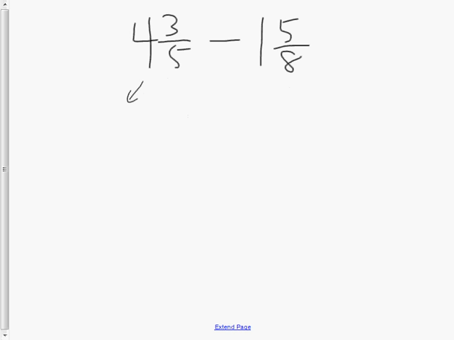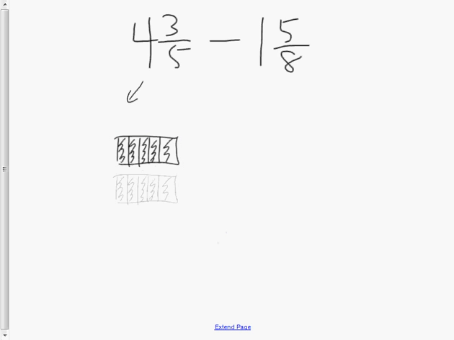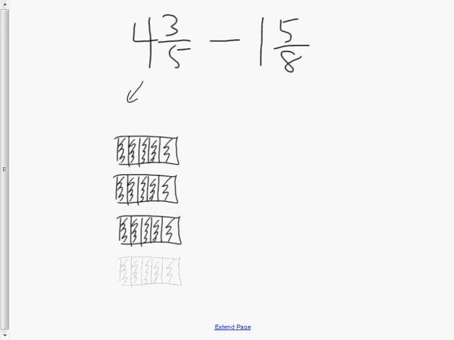So if we were thinking about 4 3/5, there is 5/5 over 1. So if I took this, that'd be 2, that'd be 3, that would be 4, and 1/5, 2/5, 3/5.